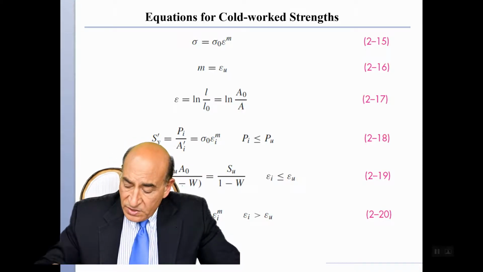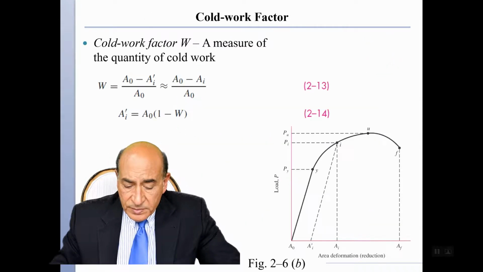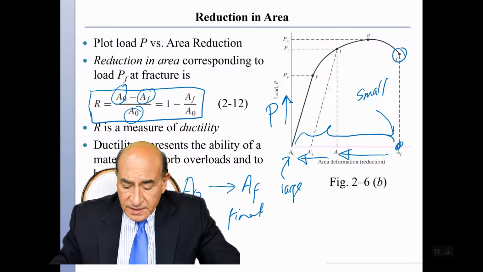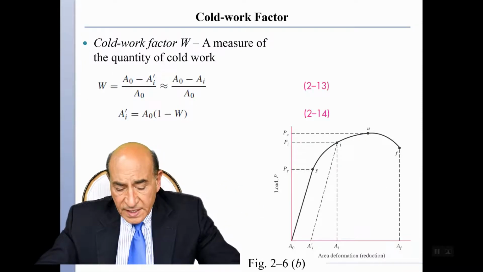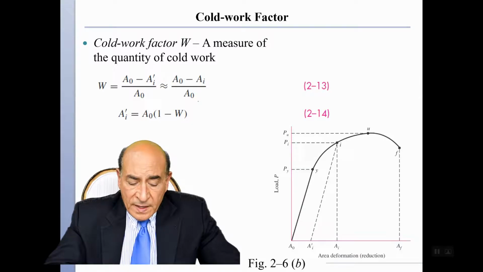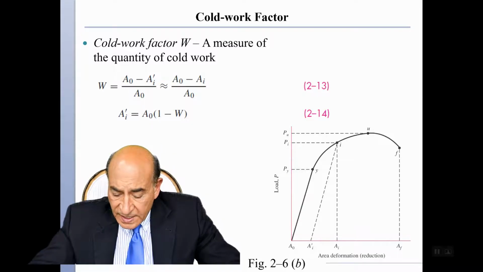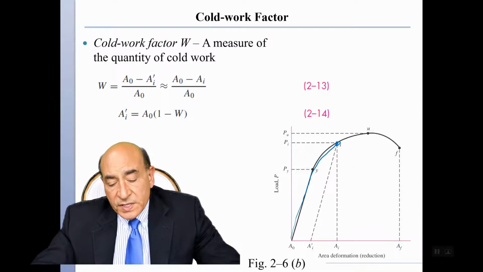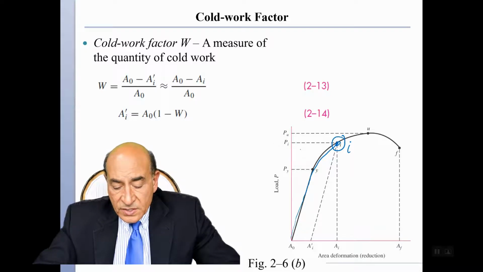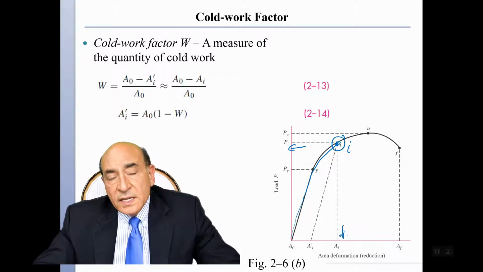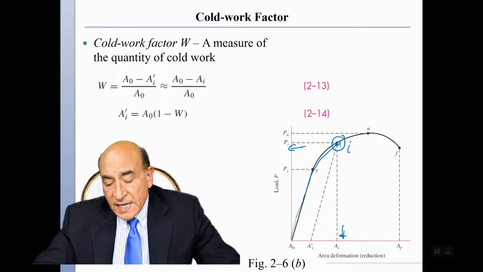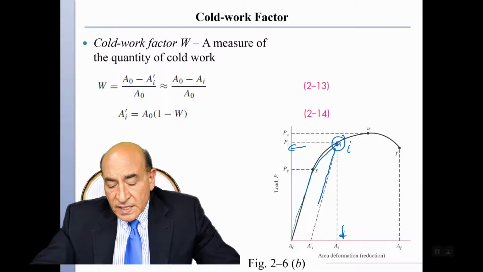So if we look at the previous idea here, here's the idea of cold work. Let's say we loaded the material all the way to this point I. So this is step I, and it has a load I, and it has a corresponding cross-sectional area A sub I. And then if I unload, the material is going to recover.